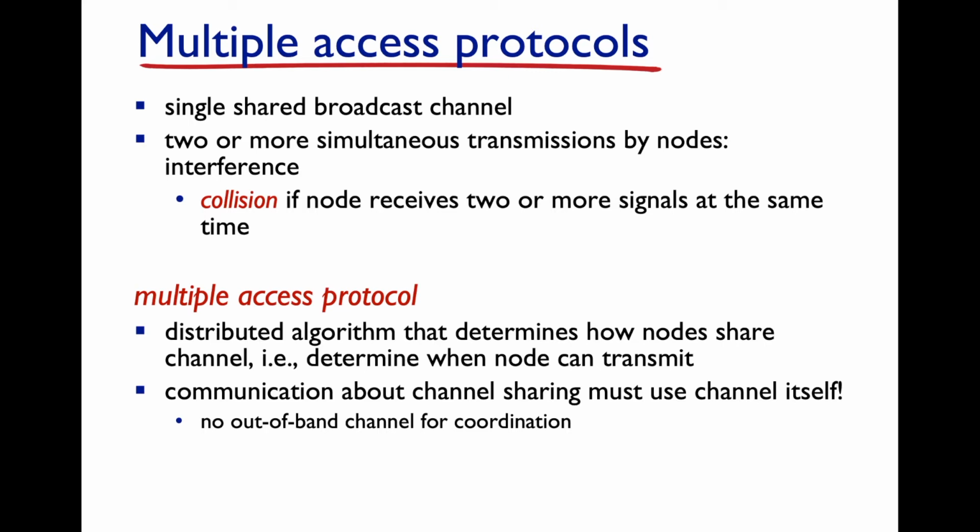A multiple access protocol implements a distributed algorithm, and it's the responsibility of this algorithm to determine specifically when a node can transmit and when a node cannot transmit. This deals with effectively the channel sharing. But the challenge is that in order to determine when someone can use the channel, it has to use the channel to do that coordination, because that's the only means for communicating.